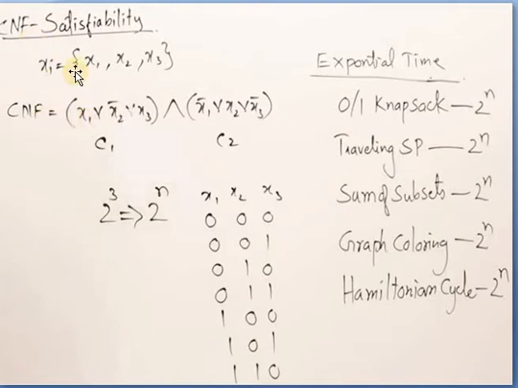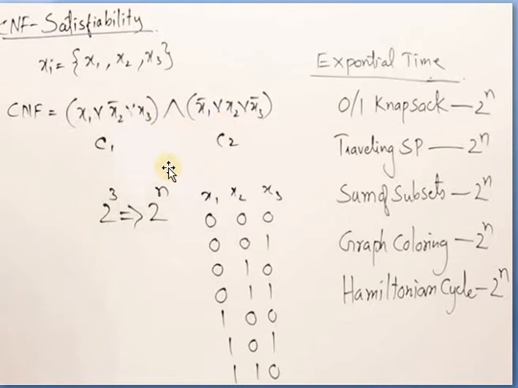So for example, consider a satisfiability problem having the CNF formula as (x1 or x2 bar or x3) and (x1 or x1 bar or x2 or x3 bar). So this is basically a conjunction of disjunctions.